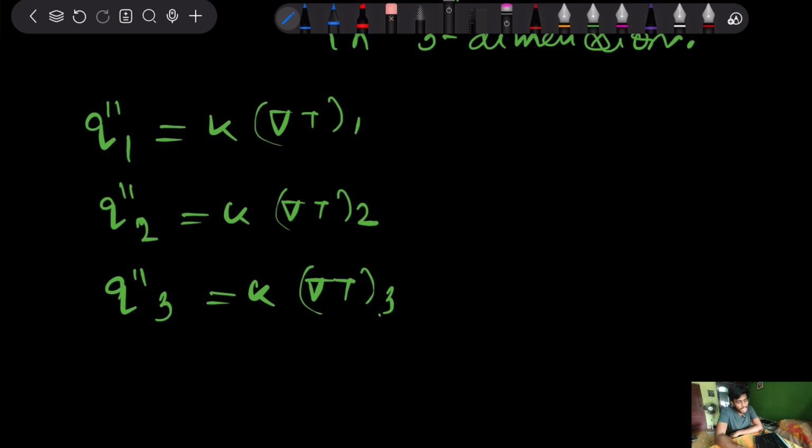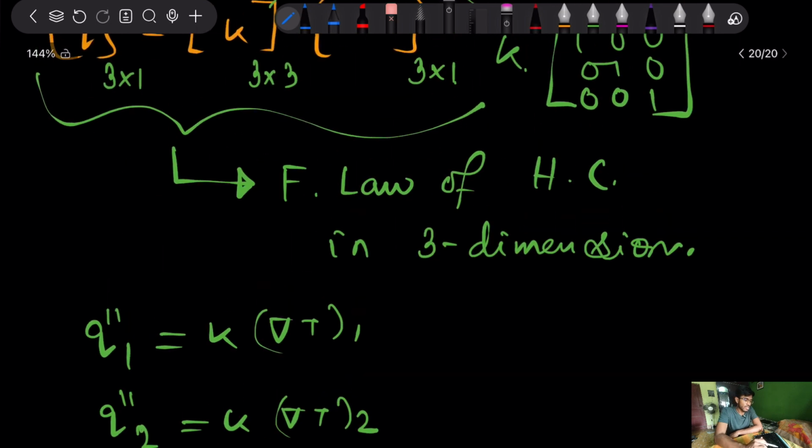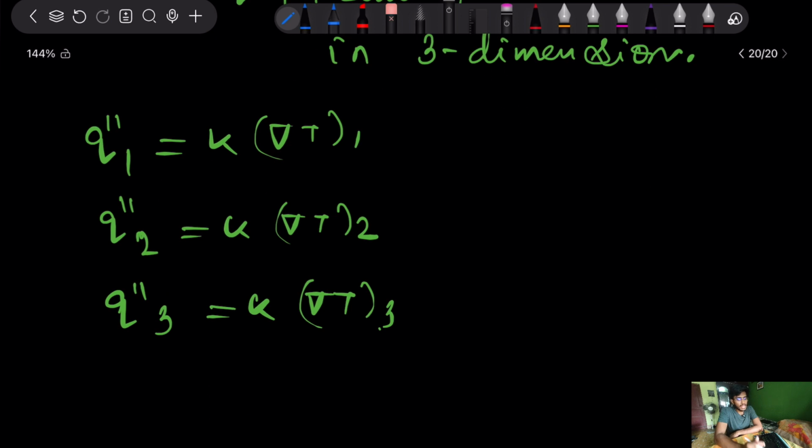Then you might have to modify the Fourier's law of heat conduction that you studied at UG level.